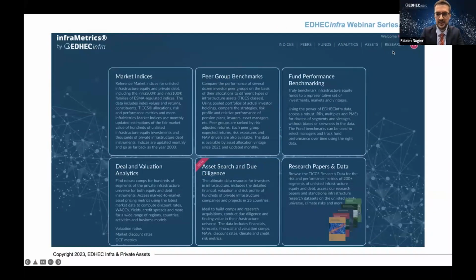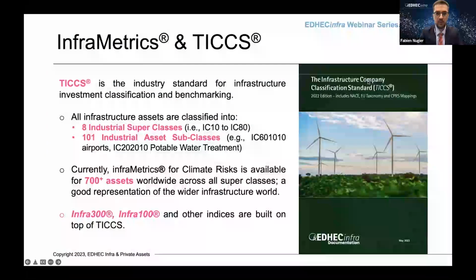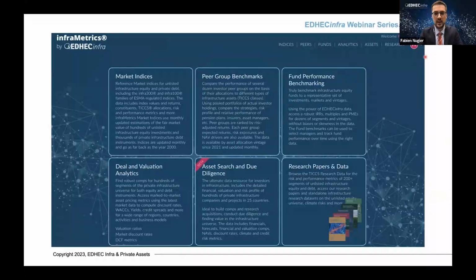Right. And yes, so on the platform, you will find different products, market indices. When you click on this section, peer group benchmarks to compare the different types of investors, fund performance benchmarks as well, deal and valuation analytics, and a section called asset search and due diligence.